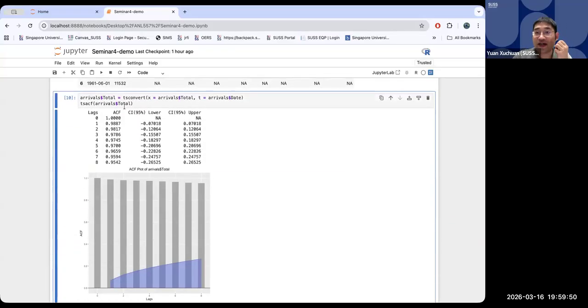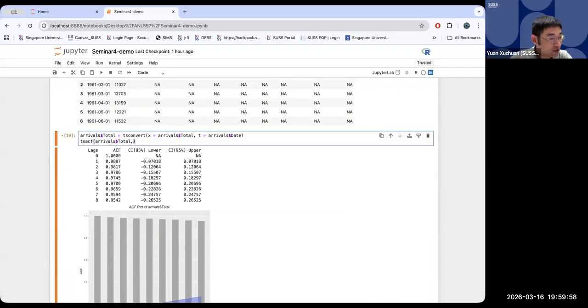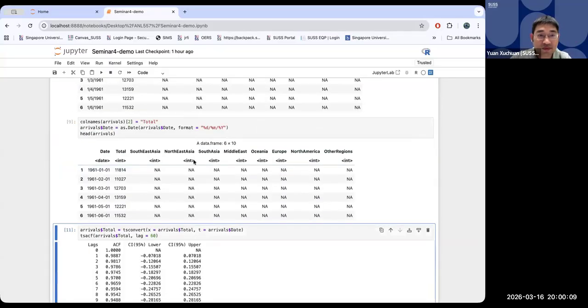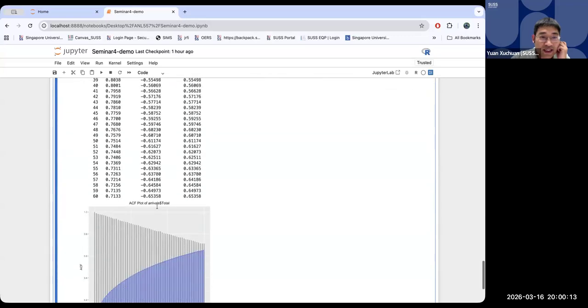If you don't specify the number of lags, the number of lags will be 8 by default. And if we want to see 60 lags, okay, so these are the 60 lags.